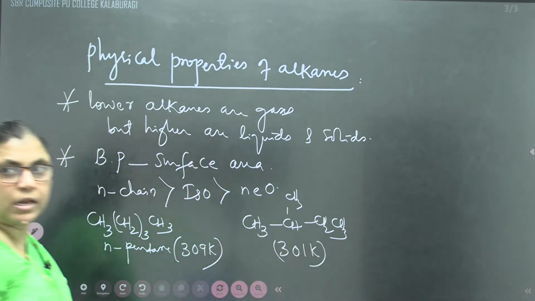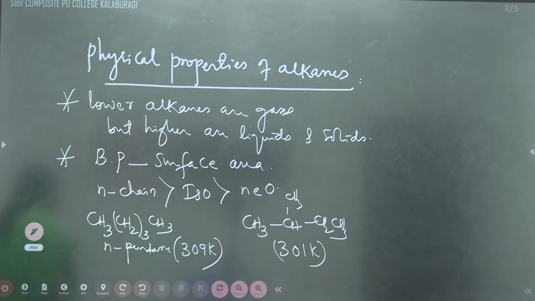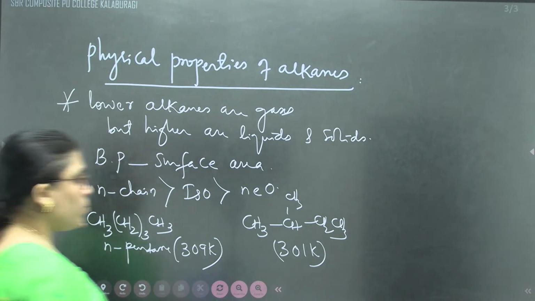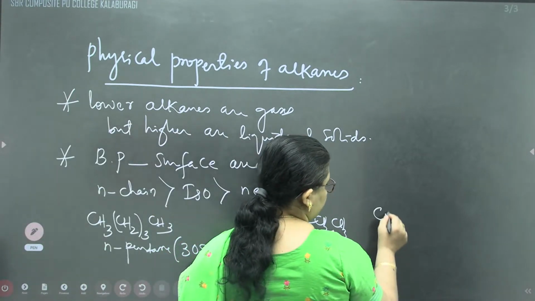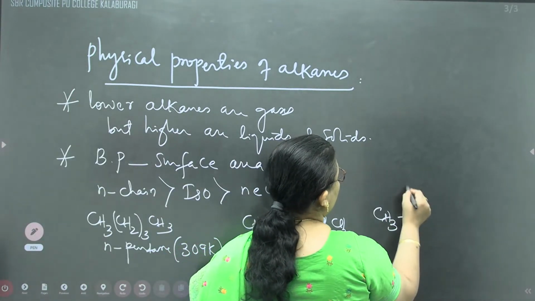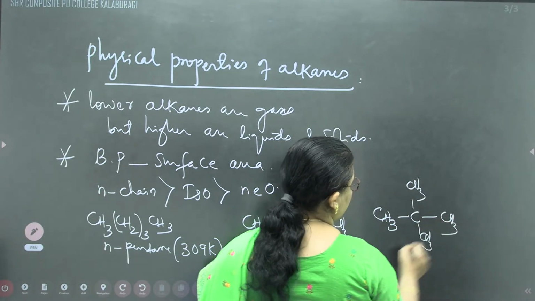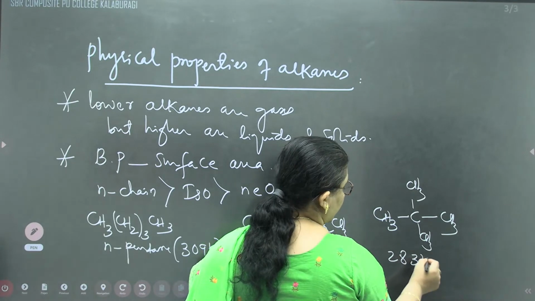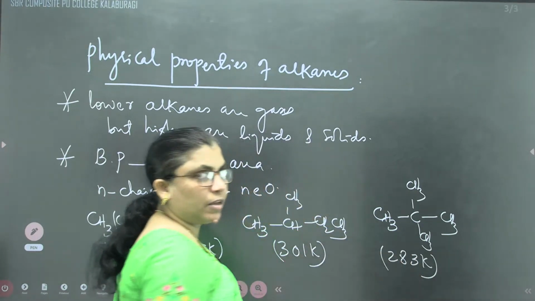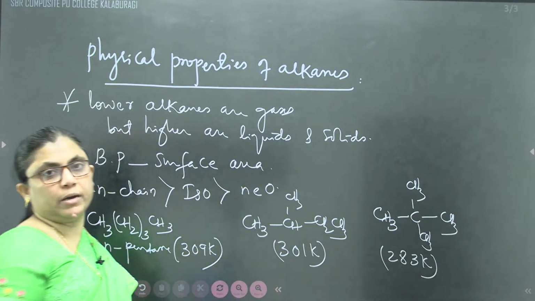If we take neopentane, it will be approximately 283 Kelvin. So the larger the surface area, the higher the boiling point.